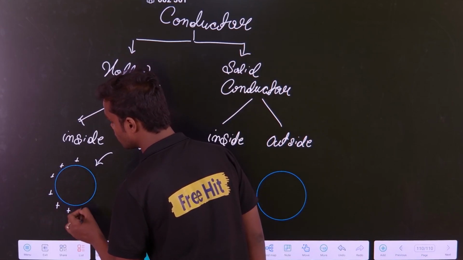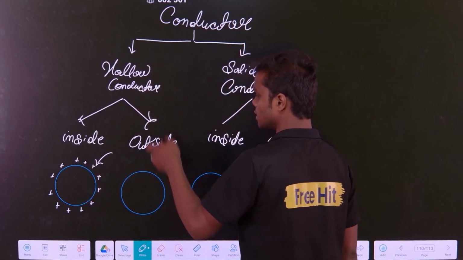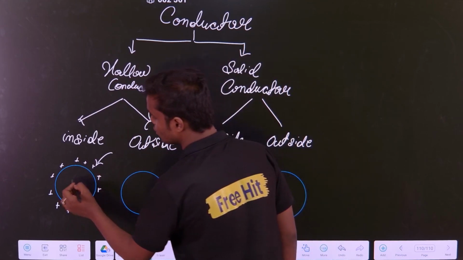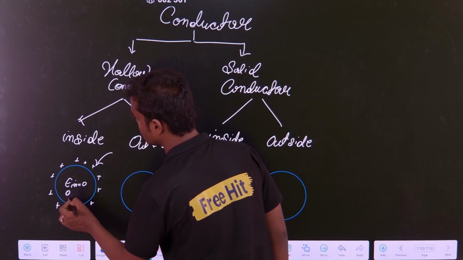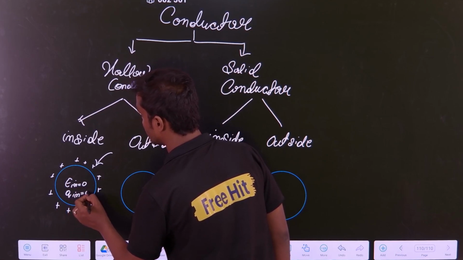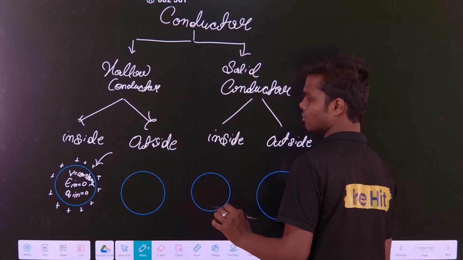And it will be uniformly distributed also, because the radius of curvature is the same everywhere. Similarly here also, there will be no charge inside. It is sure that the electric field inside will be zero, the charge inside Q in will also be zero, and the potential will be constant. This is sure inside here also. Are you okay with this or not?